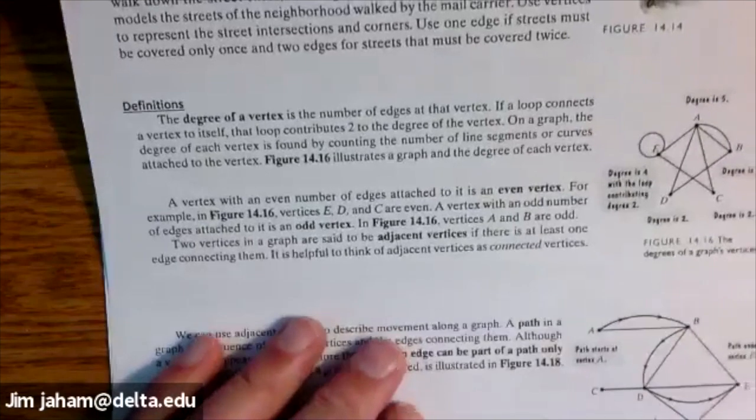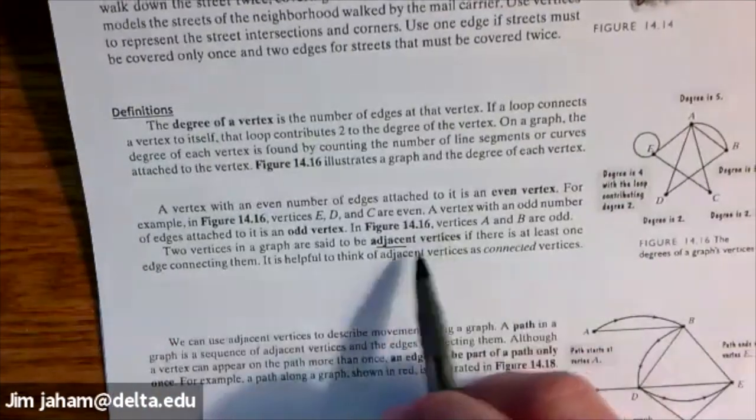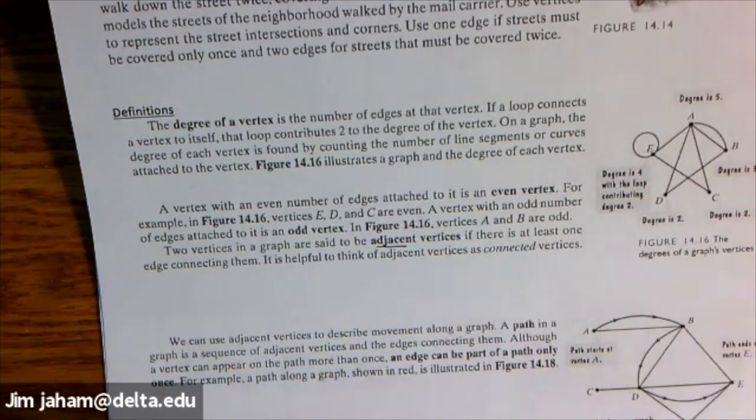All right, another definition, the last definition in this group, is that we can talk about adjacent vertices. An adjacent vertex is a vertex that can be reached from a beginning vertex with an edge. That is, you don't have to go through 2 or 3 edges to get to another vertex.